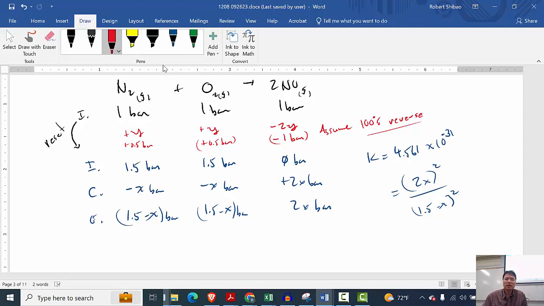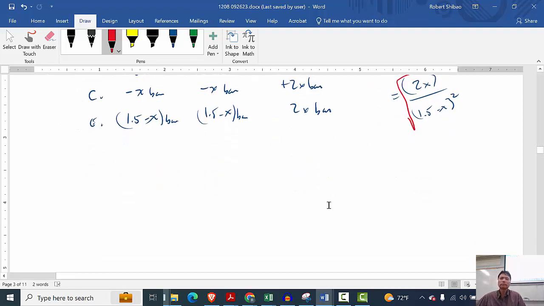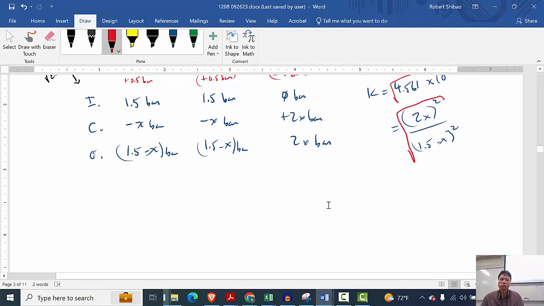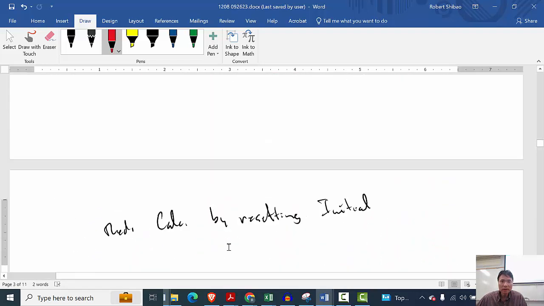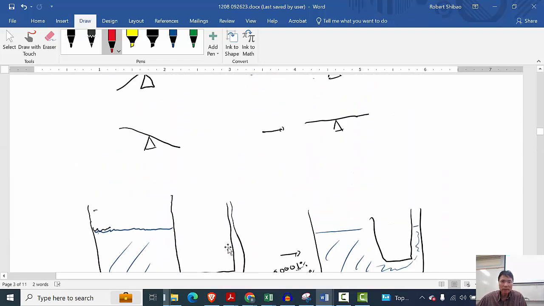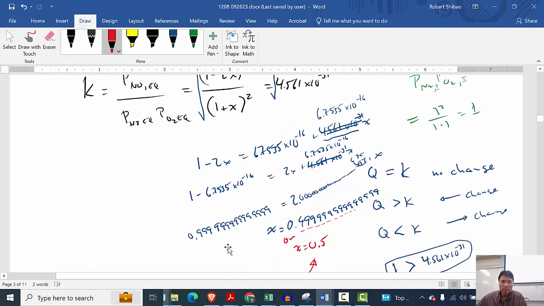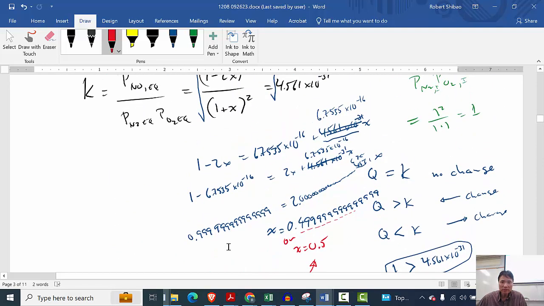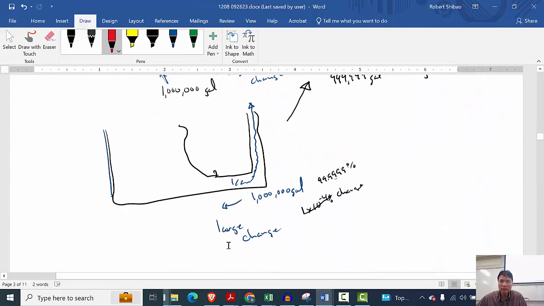And then we'll do the same thing. We'll just take the square root of both sides and then solve for x. So the square root of 4.561 times 10 to the minus 31, which I had up there earlier, was 6.7535 times 10 to the minus 16.